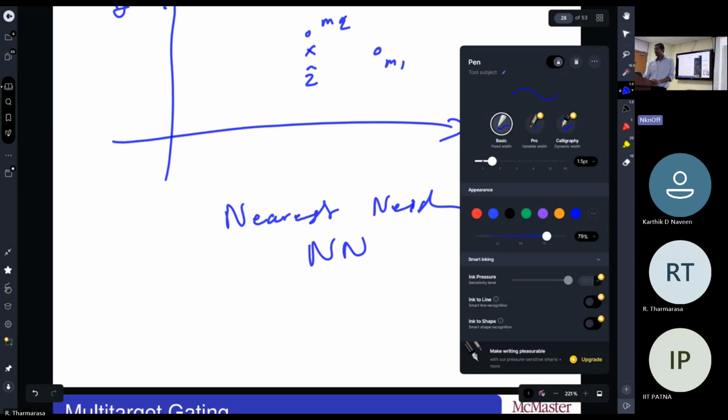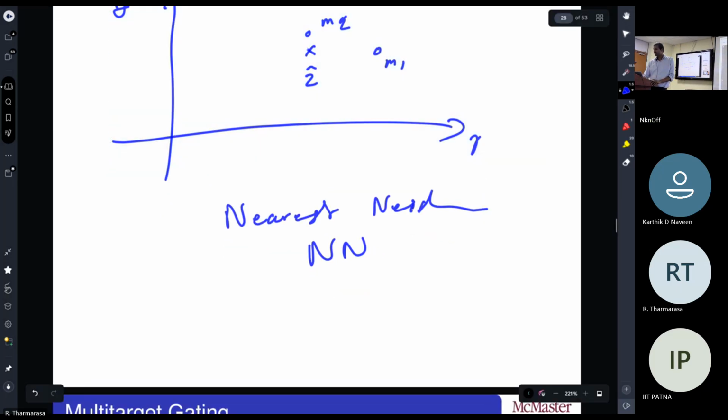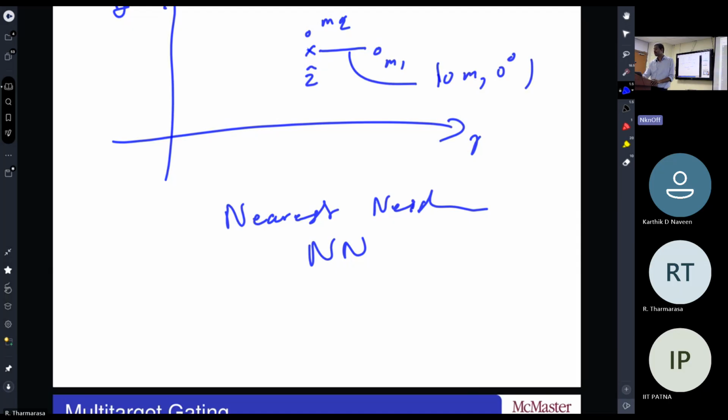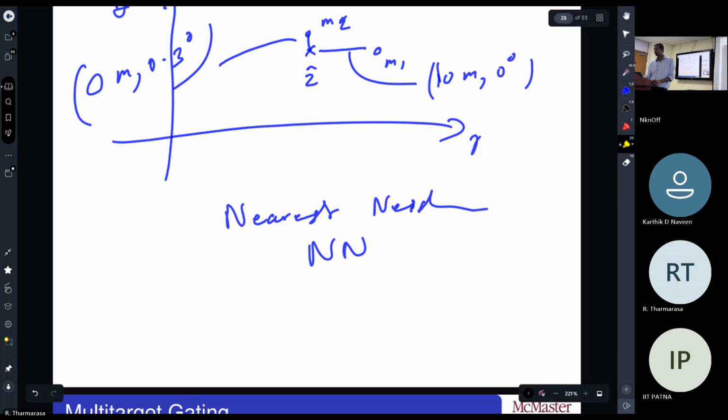Say this one, this distance is 10 meters and 0 degrees. That's the distance. This one, the distance is 0 meters, 0.3 degrees. Are you okay with that? Which one is closer?